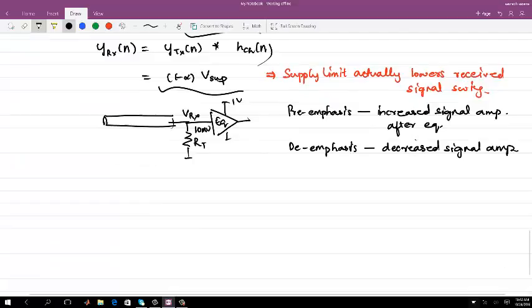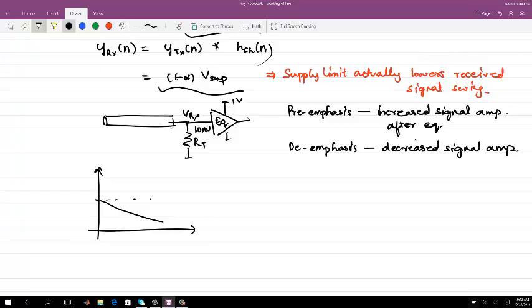To make it more clear, consider that the channel response is this, where I have a minus 10 dB amplitude response. This is H of channel.